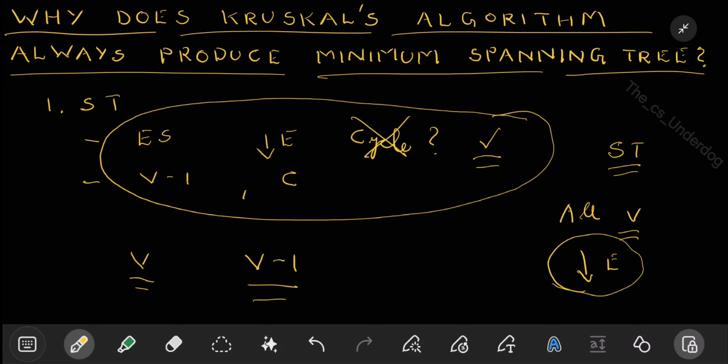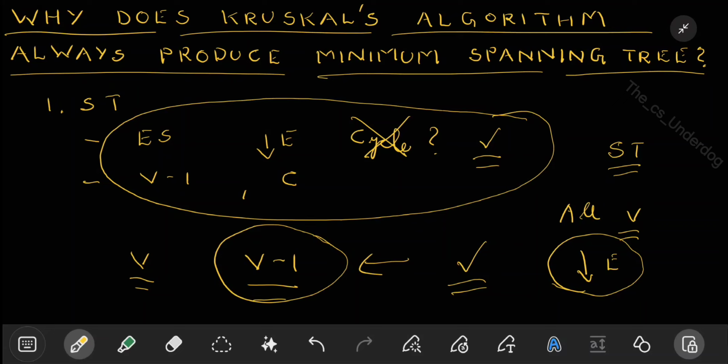So whenever you have a spanning tree, that spanning tree must be having V minus 1 edges. So the next point is, whenever you find a subgraph of a graph which is having V minus 1 edges and it connects all the vertices, then it has to be a spanning tree.